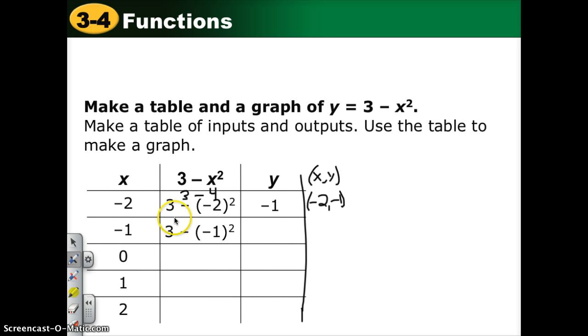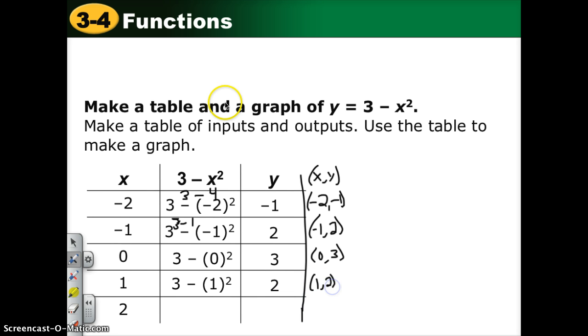3 minus -1 squared would be like 3 minus a +1 because -1 times -1 is +1. So we get 2, so our ordered pair is now -1, 2. 3 minus 0 squared is just 3 minus 0, which is 3. 3 minus 1 squared is going to turn out the same as 3 minus -1 squared because when we square a number, it doesn't matter if it starts out positive or negative.